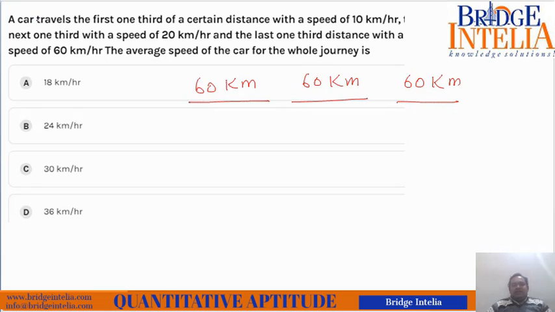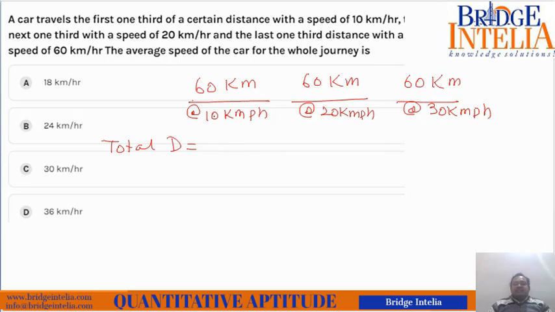So what is this guy doing? He travels the first 1/3 at speed 10 kilometers per hour. So this 1/3, that's why I have kept it equal, 60, 60, 60. So this portion he is traveling at the rate of 10 kmph, this one at the rate of 20 kmph and this one at the rate of 60 kmph. So we have to find the average speed. Total distance 180 kilometers.